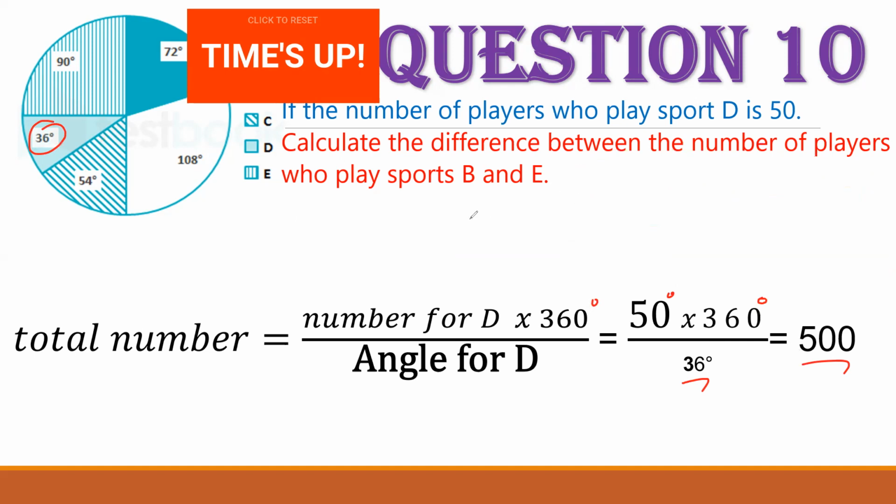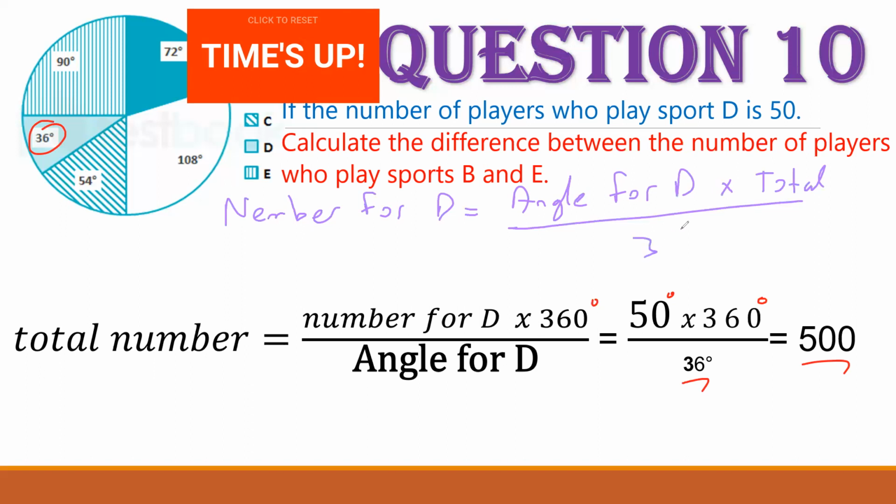Now, another option to calculate the total number, guys. Do you remember, we can write like this: number for D equals angle for D times total number over 360.